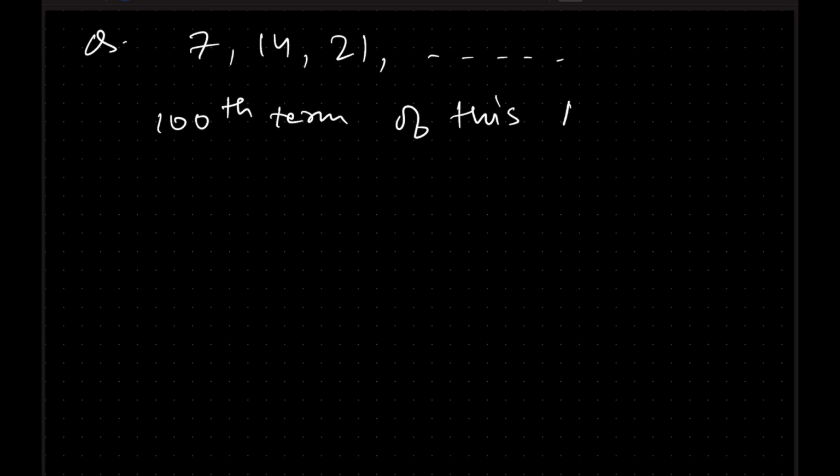For example, let's take a question. Suppose the AP is 7, 14, 21 and so on, and we have to find the 100th term of this AP. How will you find the 100th term? What is the first term? The first term is 7, and the common difference D is the difference between the second term and the first term, or any two consecutive terms. You can see that 21 minus 14 is equal to 7.